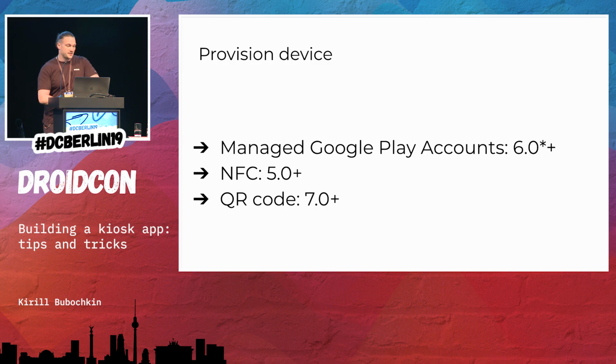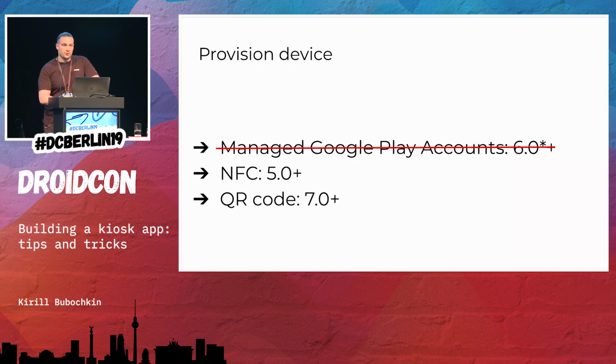Actually, not all of these methods are suited for us. For example, with managed Google Play accounts, as I've already told, we cannot control other users' applications. We cannot control devices installed in hotels. And not all hotels want to be forced to use Google accounts.